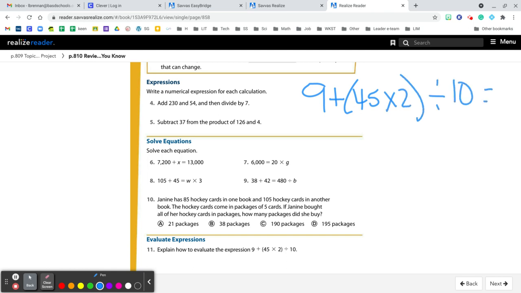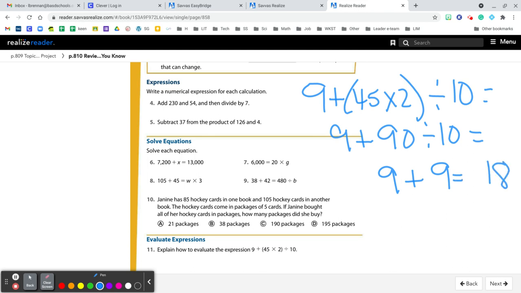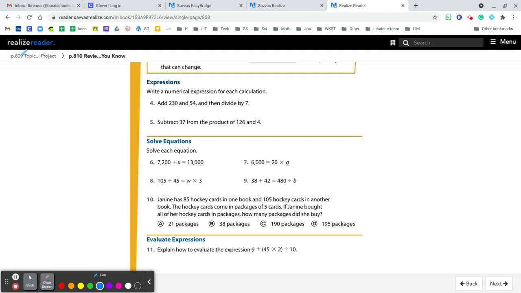We do what's inside the parentheses first. Then we do division next, following our order of operations. And then we do addition last. So there's our vocabulary review.